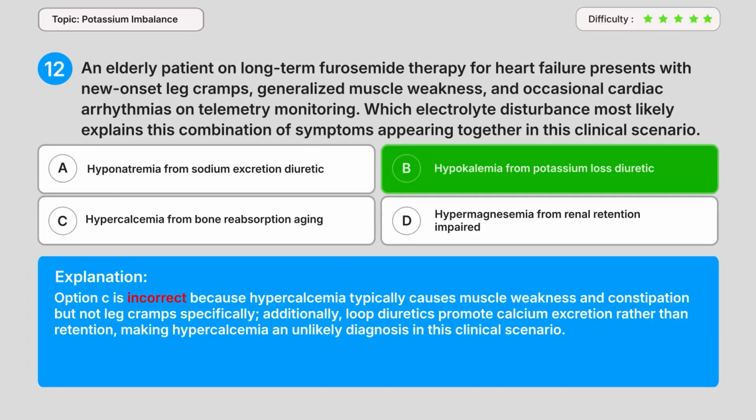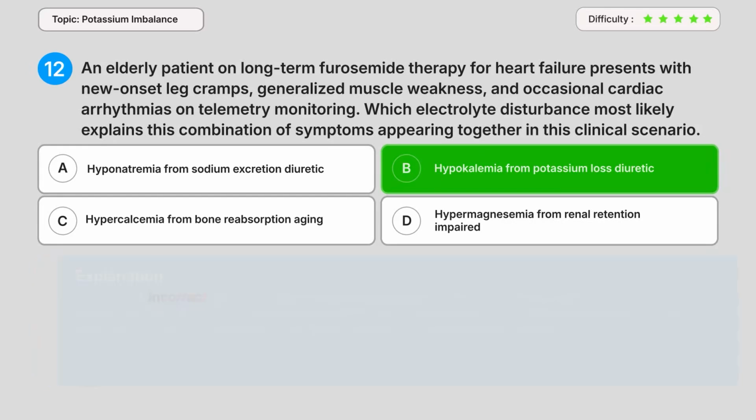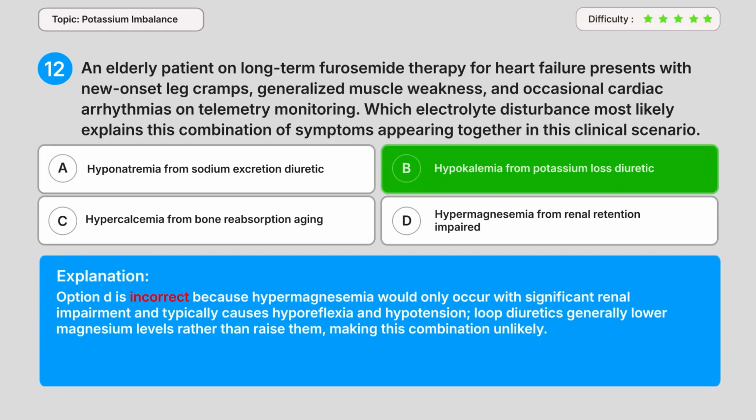Additionally, loop diuretics promote calcium excretion rather than retention, making hypercalcemia an unlikely diagnosis in this clinical scenario. Option D is incorrect because hypermagnesemia would only occur with significant renal impairment and typically causes hyperreflexia and hypotension. Loop diuretics generally lower magnesium levels rather than raise them, making this combination unlikely.